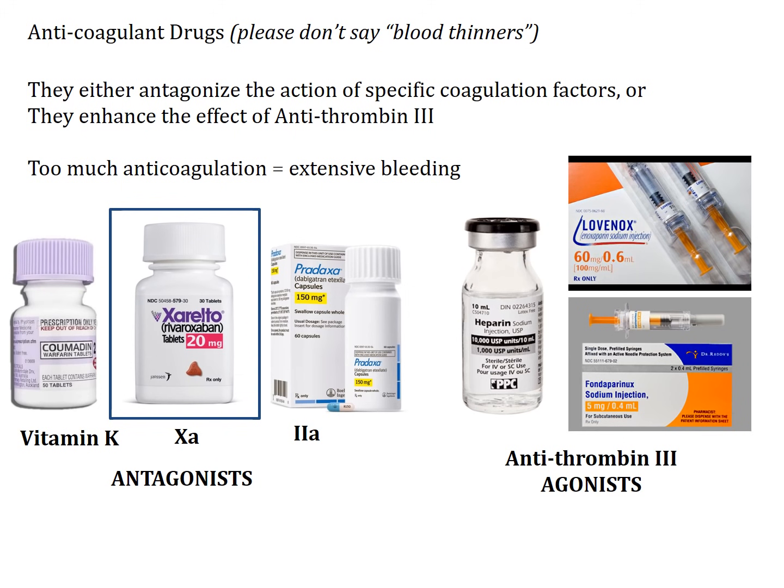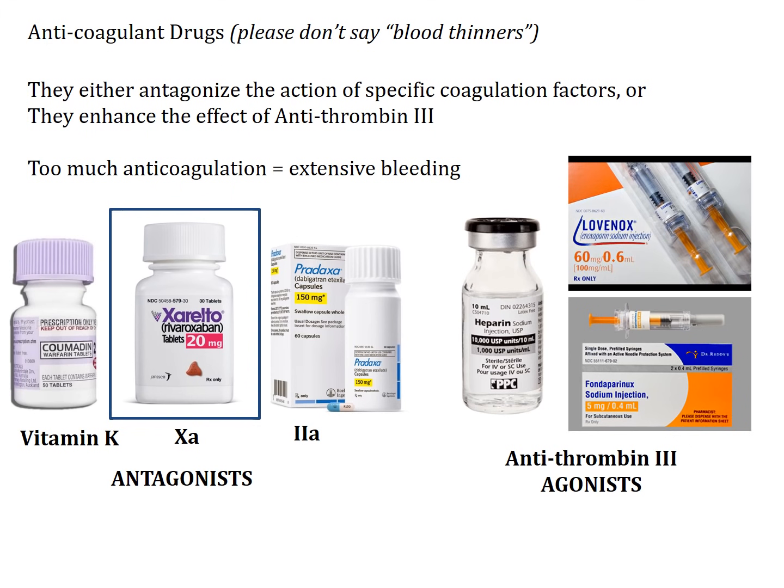We have a lot of drugs that are antagonizing the coagulation factors. I like to call those anticoagulant drugs. So Coumadin antagonizes vitamin K. Xarelto antagonizes factor 10. Pradaxa antagonizes factor 2.